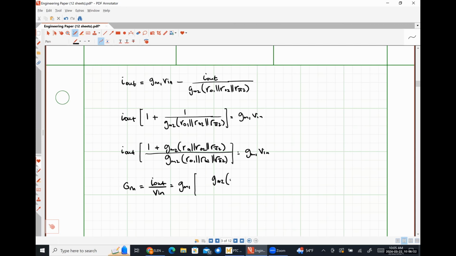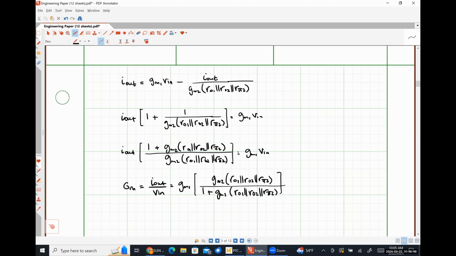So GM2 times R naught 1 in parallel with R naught 2 in parallel with R pi 2, divided by 1 plus GM2 times R naught 1 in parallel with R naught 2 in parallel with R pi 2. All right, so let's look at this really quickly here.